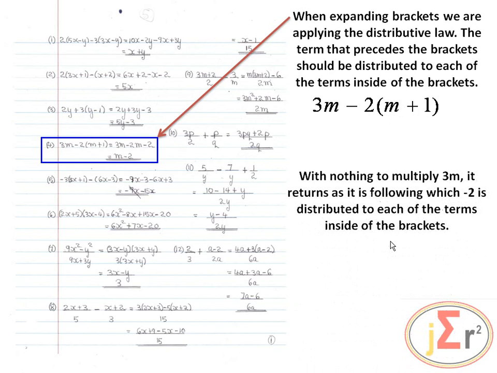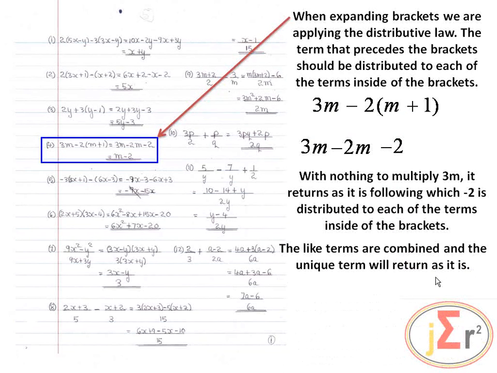With nothing to multiply 3m, it returns as it is, following which negative 2 is distributed to each of the terms inside of the brackets. So that will return. And this negative 2 times m, negative 2m. And negative multiplied by positive is equal to negative.